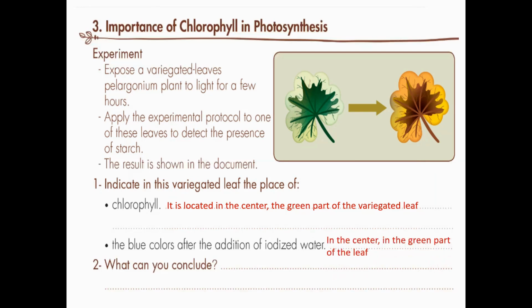So what can you conclude? Question 2, what can you conclude? So here we can conclude that the presence of starch or the synthesis of starch takes place in the presence of chlorophyll or in the green part of the plant. So the synthesis of starch takes place in the presence of chlorophyll.